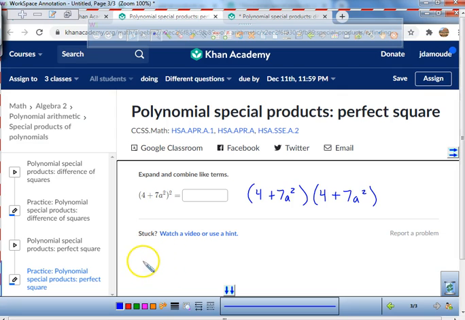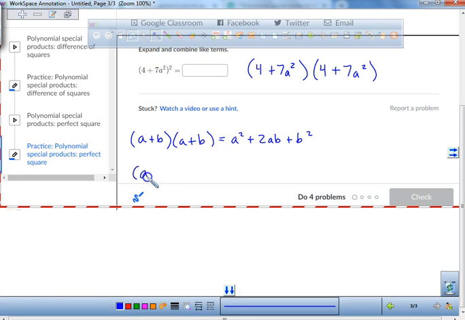Here we go. If I have a plus b times a plus b, that will always equal a squared plus 2 times a times b plus b squared. Also, if I have a minus b times a minus b, that will always be a squared minus 2ab plus b squared.